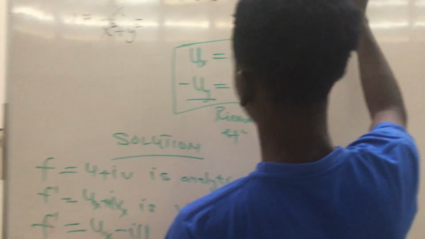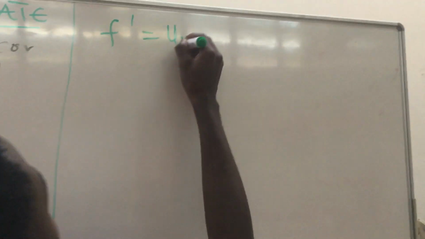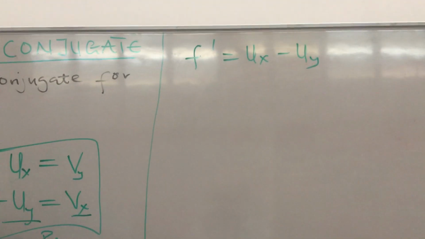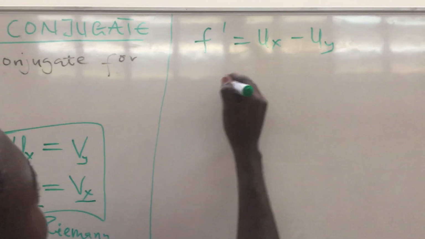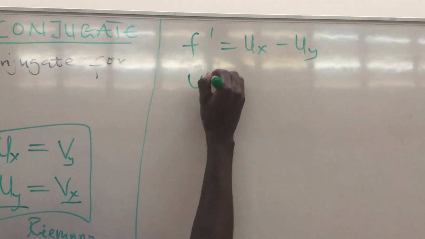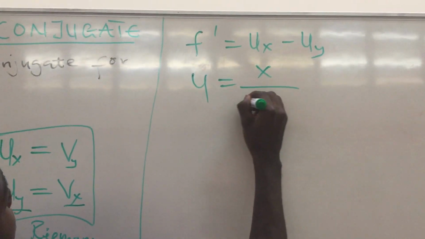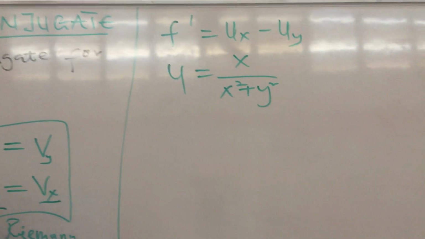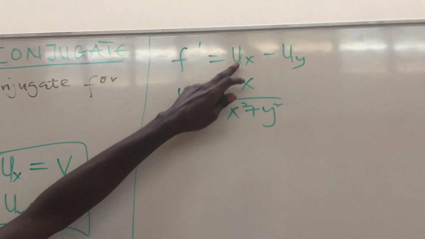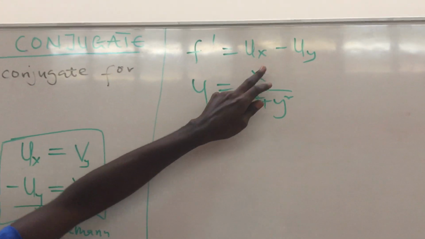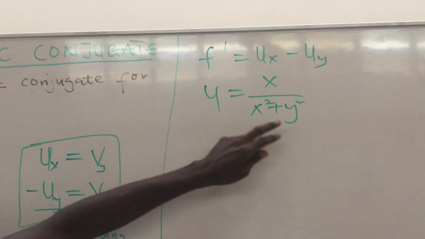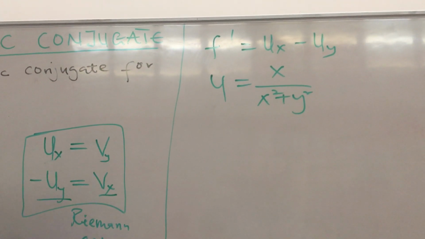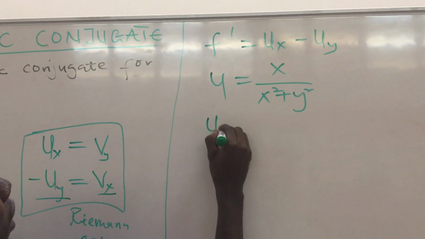So from here, we know this. What we are going to do is that we know our u is given to us as x over x squared plus y squared. So we are going to differentiate this with respect to x, and then differentiate this with respect to y.